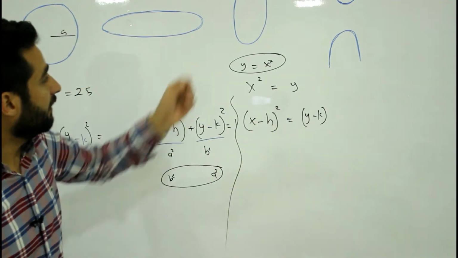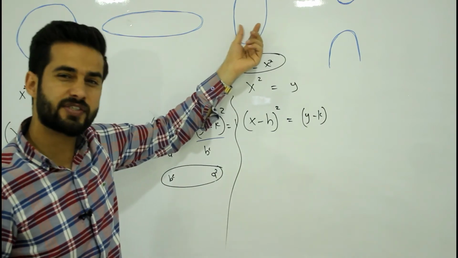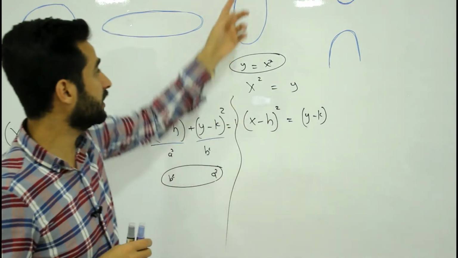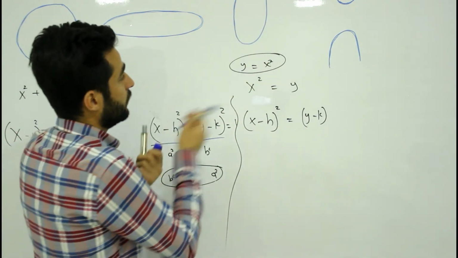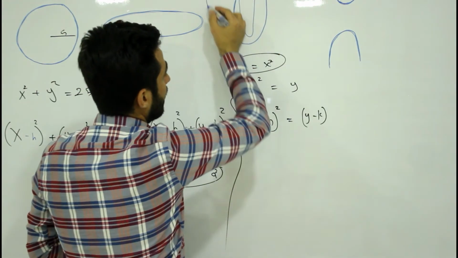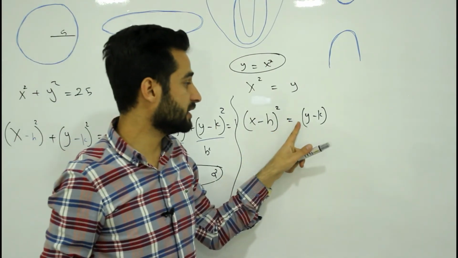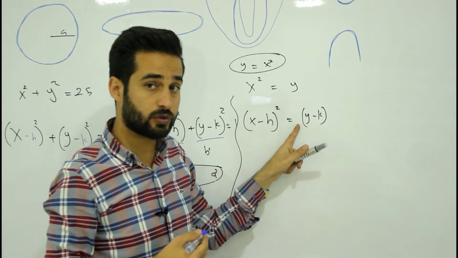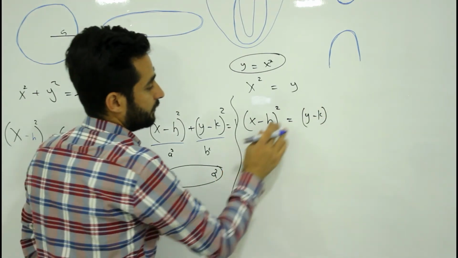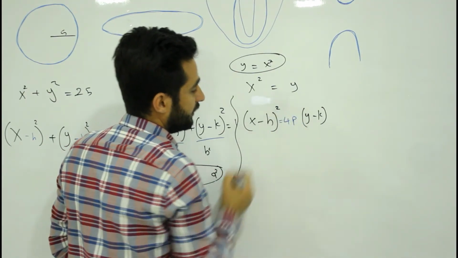Write one more thing in this rule. If this shape is very narrow, or stretched or expanded, the letter U, it may be like this or it may be like this. It depends on the number written with y, in front of the letter with power 1. So we have 4p here.